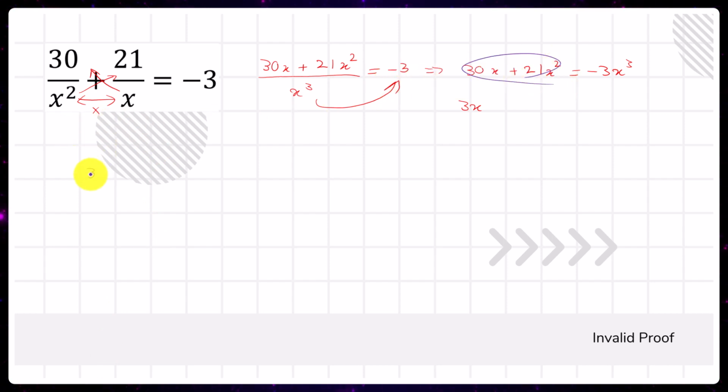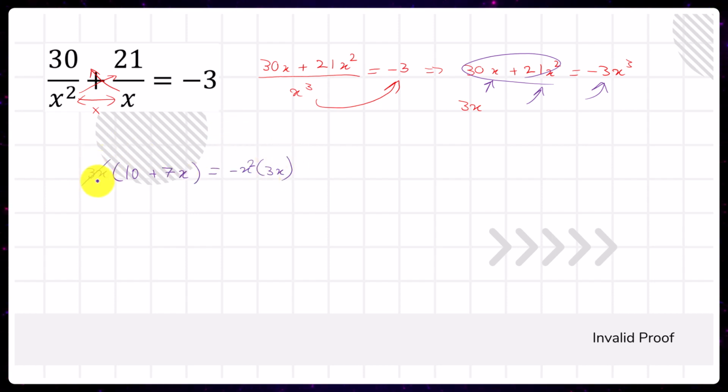If we factor 3x from this side of the equation, we're left with 10 from the first one plus 7 times x from the second one, because 3x times 10 would be 30x, and 3x times 7x would be 21x to the power of 2. This other side would become minus x times 3x, minus x to the power of 2, of course.